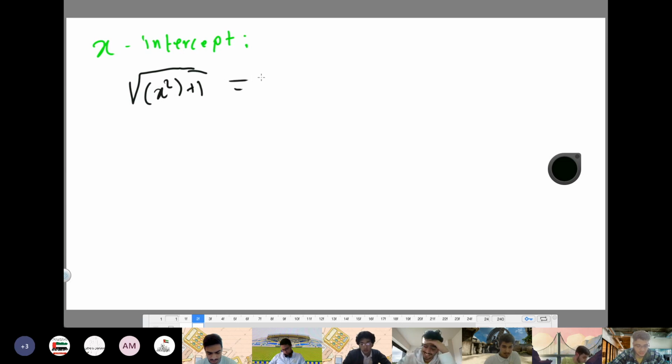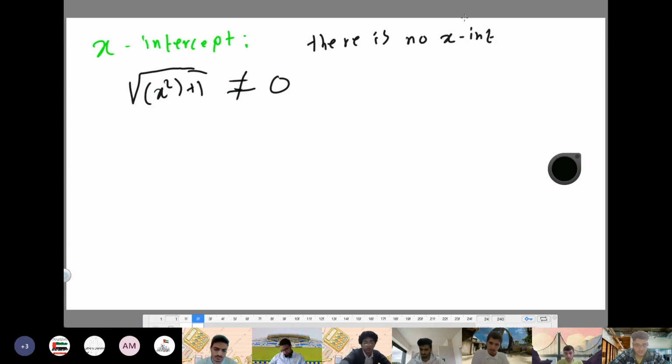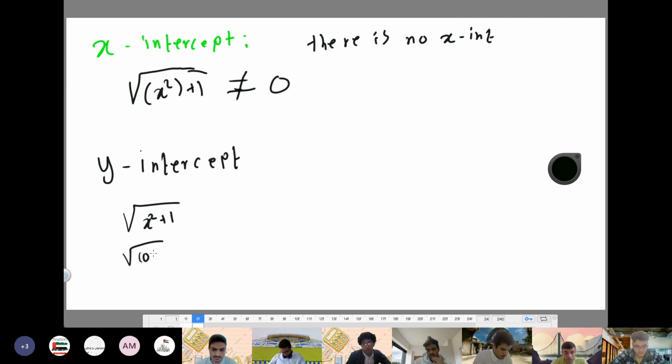In the previous step, we concluded that this function cannot be 0, so there is no x-intercept. Now let's find the y-intercept. On this step, we substitute x with 0. 0 squared plus 1 gives us 1.